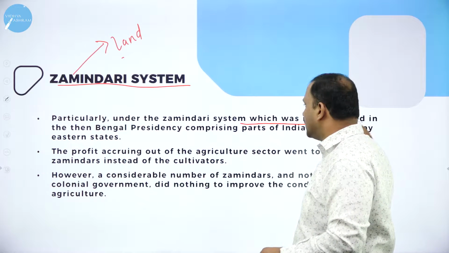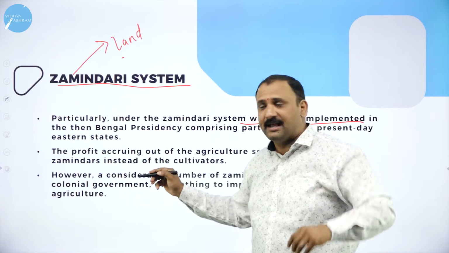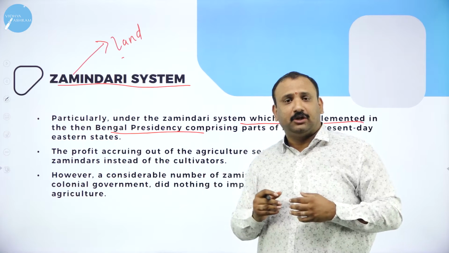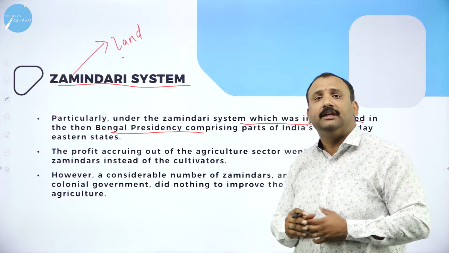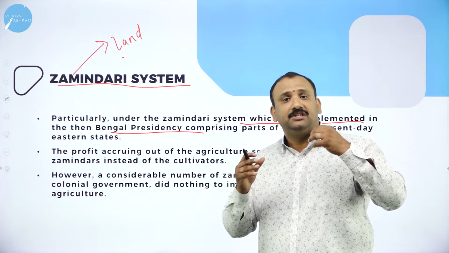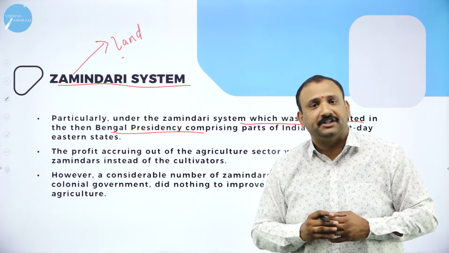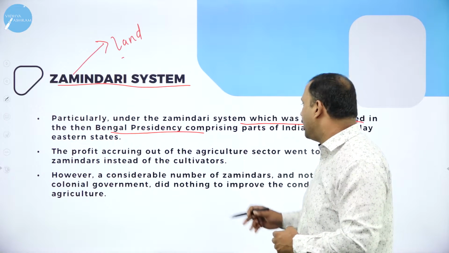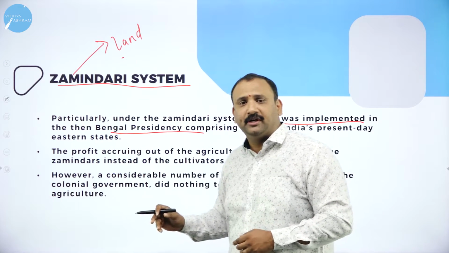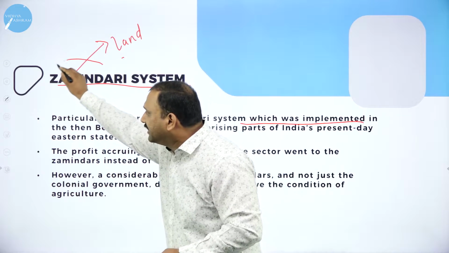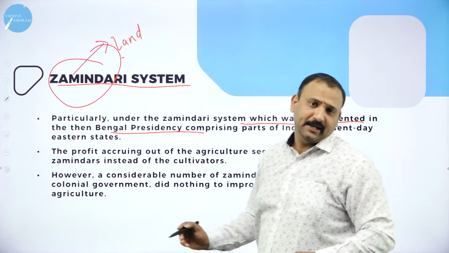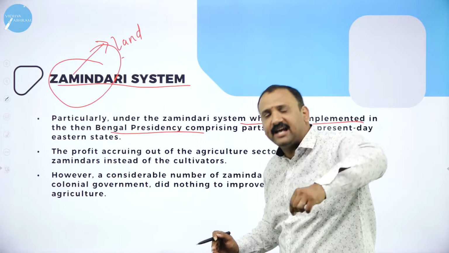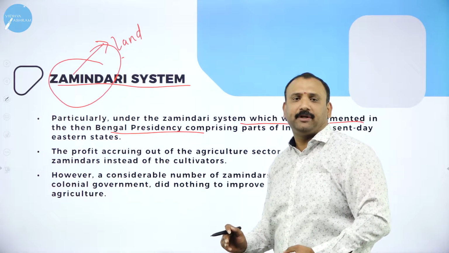In this system, which was implemented right at that time in the Bengal presidency, because the Bengal was considered to be the headquarters of the British Empire. So Calcutta was considered to be the headquarters of the British Empire, and that was called the East India Company. So at that point of time, what they tried to do here is that they started putting in control over the land. They wanted every single piece of land under their control, under their establishment altogether.